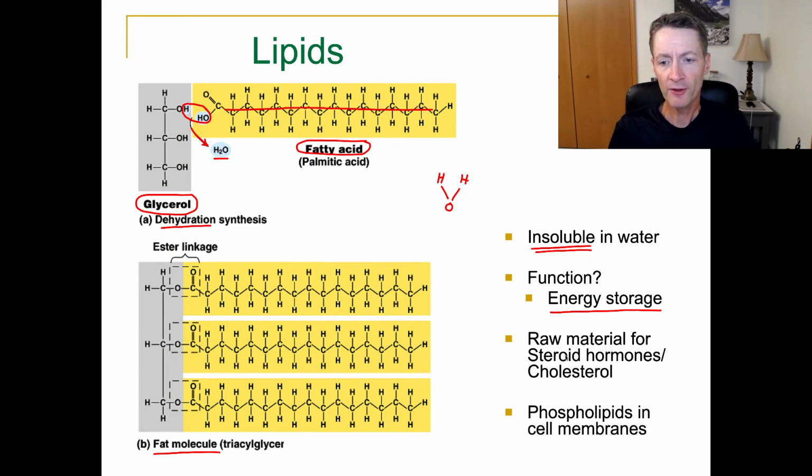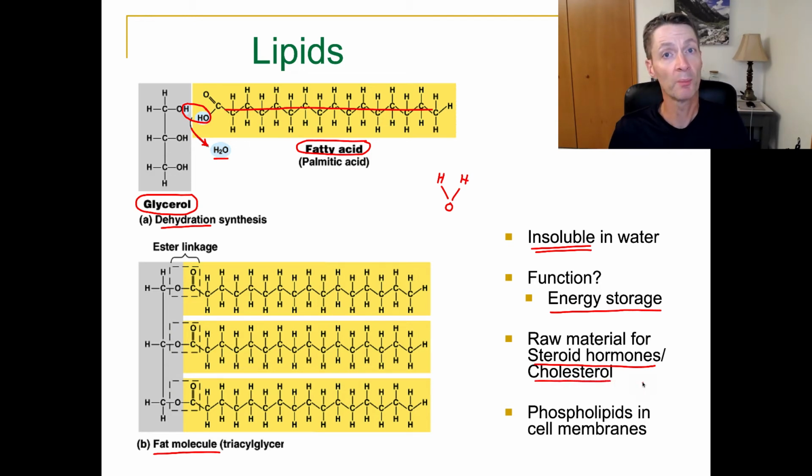A couple other things. Fats are essential for steroid hormones that we produce. A lot of the sex hormones are steroid hormones, even though you might think of steroids and think about the anabolic steroids, the illegal steroids when it comes to bodybuilding and things like that. Fatty acids are a building block for cholesterol.